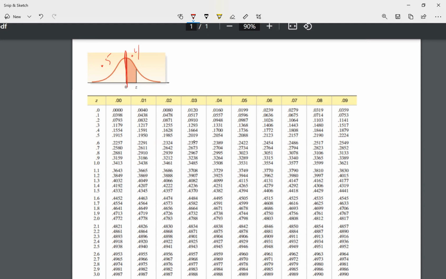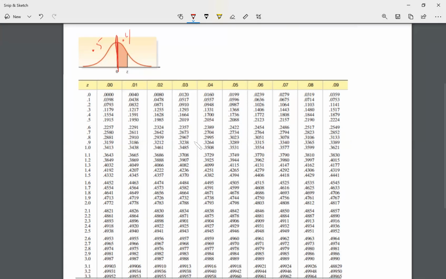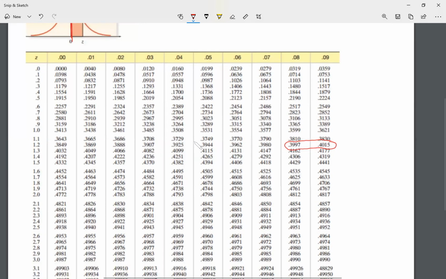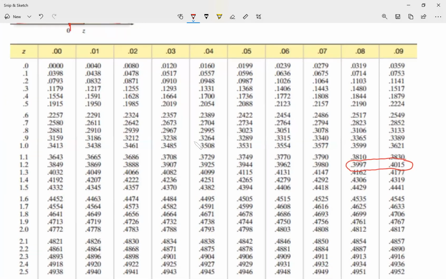So 0.400, it should be in between here. Okay, so it's more than 0.3997, but it's less than 0.4015. I want it to be higher than 0.4, so I'm going to use this one.